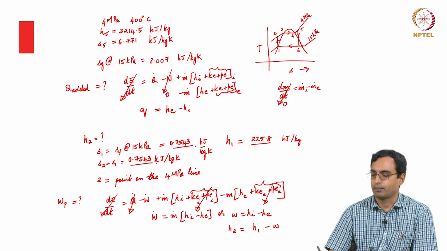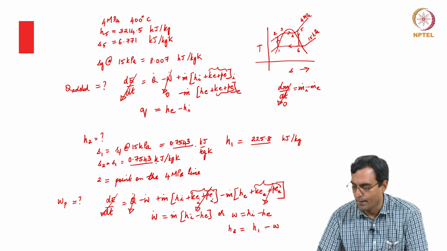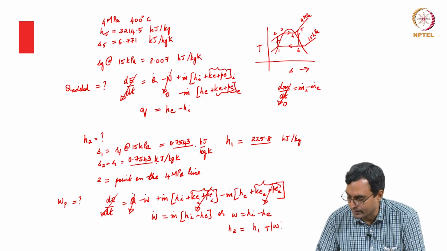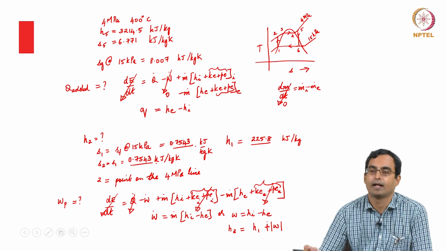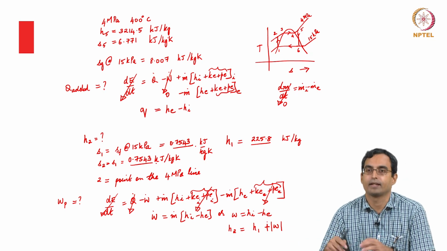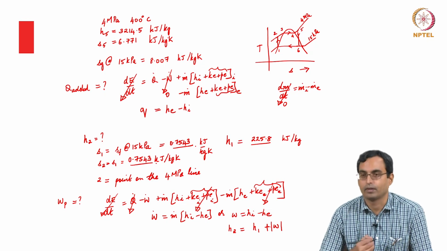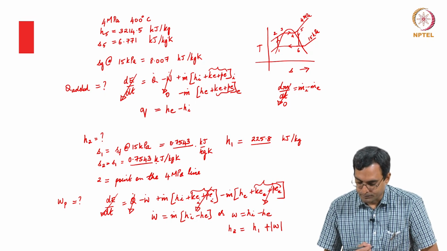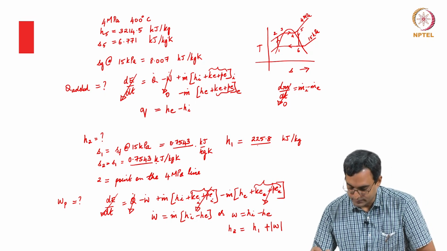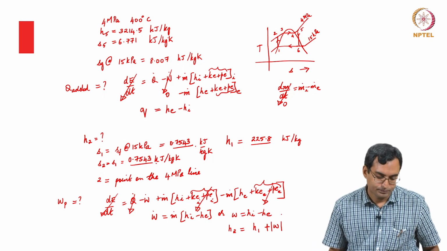So, this would be H1 minus some negative quantity, which would be positive, or more simply I can write it as H1 plus mod of W. I have some enthalpy at the inlet. I am doing some work on this fluid and increasing its enthalpy further. So, I should add it in order to get the enthalpy at the exit. The enthalpy at the inlet I have here, I need to find out the work.